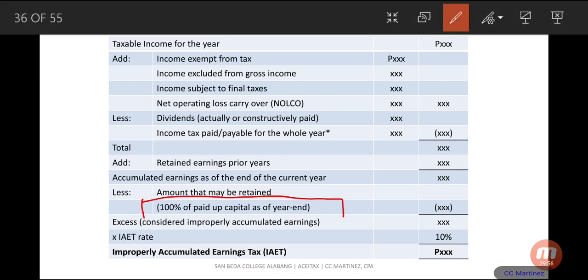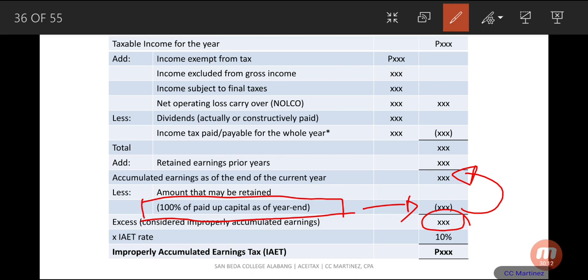So, ito yung sinasabi natin na 100% of paid up capital. Kapag nilessan yun dun sa total accumulated earnings mo, itong amount na to, yan yung magiging basis mo sa improperly accumulated earnings tax.